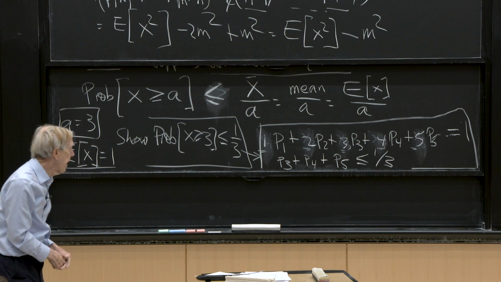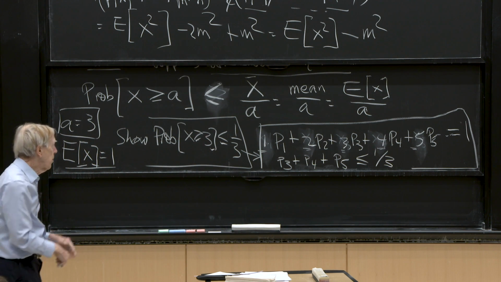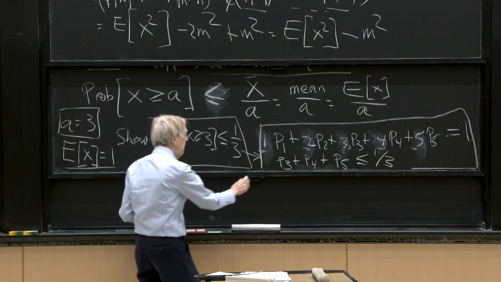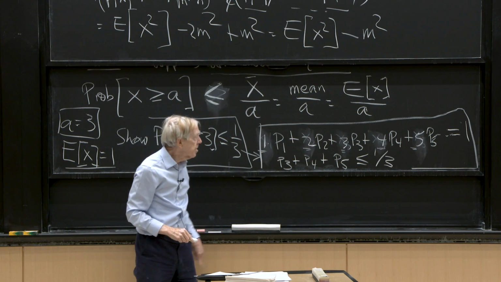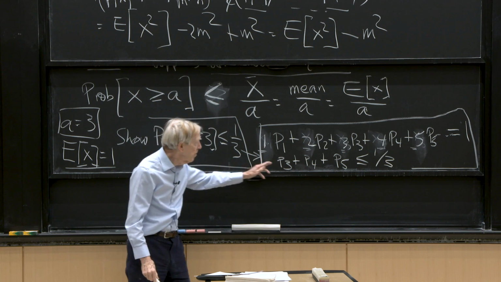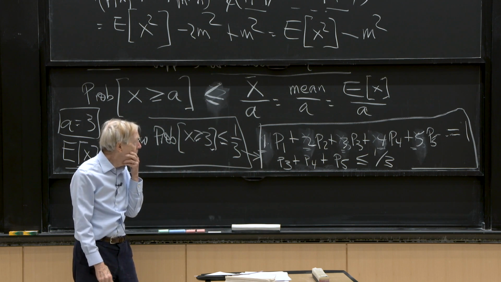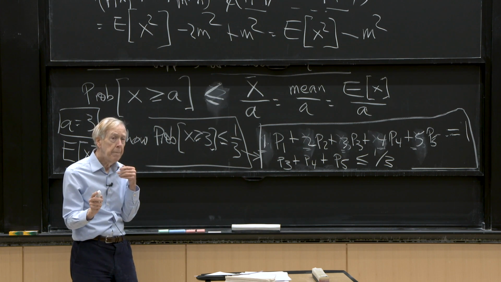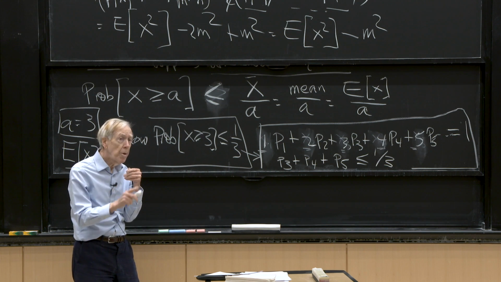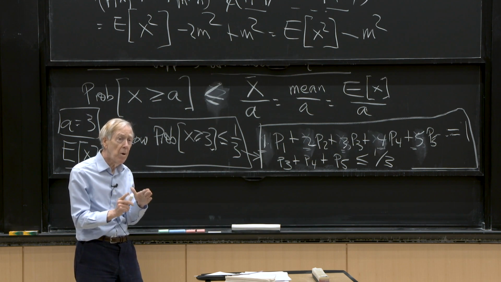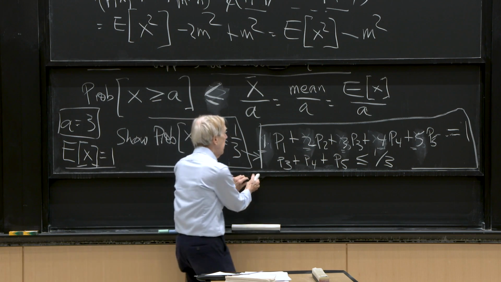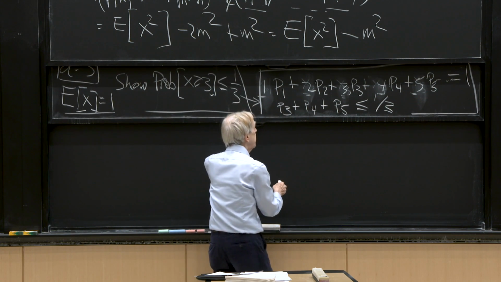Let me just step back a minute. So what do we know here? We know the first line, and we want to prove the second line. We know one more thing. We know the probabilities add to 1, and we know they're all greater or equal 0. So let me put those facts in here too.